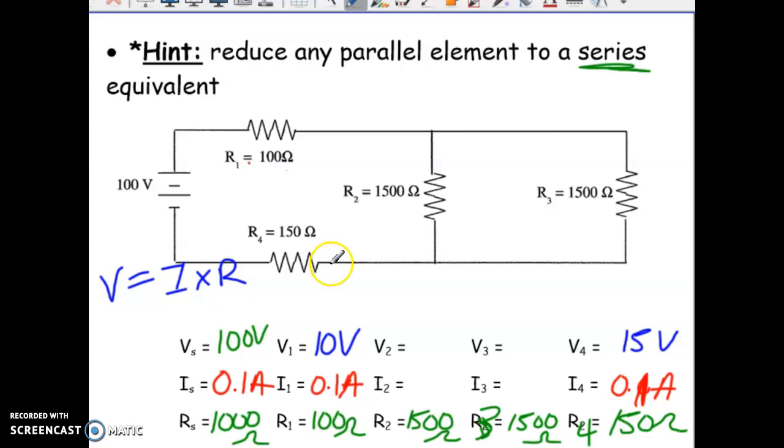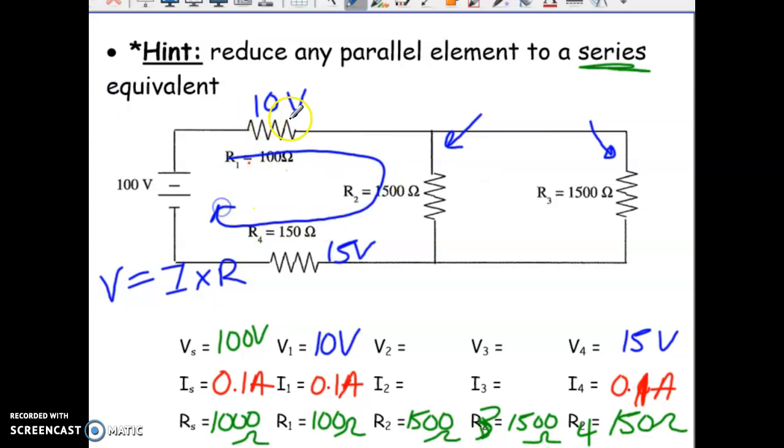Okay, so this is actually a great piece of information. We can actually solve for V2 and V3 with this information. So we know that this is 10 volts, this is 15 volts. Remember, because these two are in parallel, they have to be the same number. And these three numbers need to add up to 100.